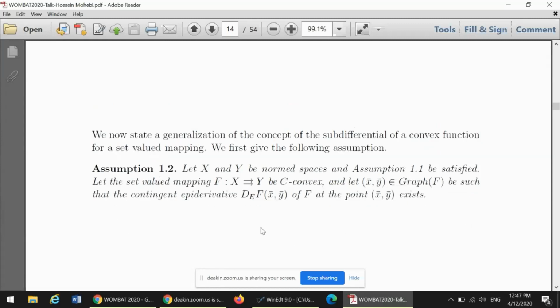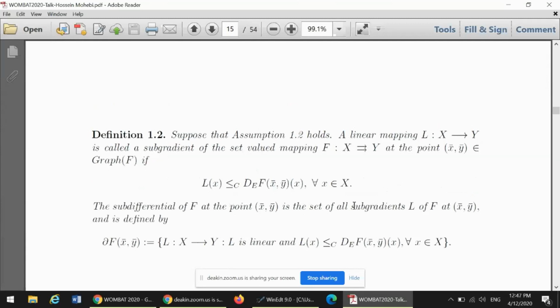Also, we give another assumption. Throughout the paper, we assume that the cotangent epiderivative of F exists at each point in graph of F. Now, suppose that assumption 1.2 holds.